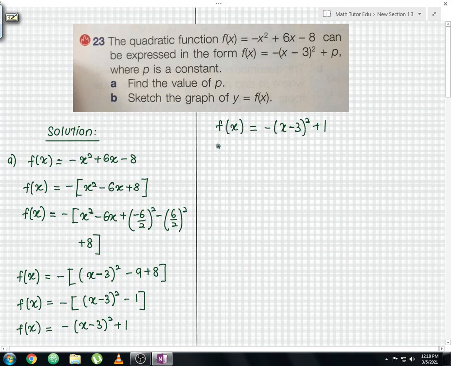The one given by the question is equals negative (x minus 3) squared plus p. Now I hope you should get the idea. So you can compare the p and 1 over here. Once you compare these two functions, you should know that your final answer is p equals 1. So this is your final answer, guys. Let me underline the solution for the question part A.